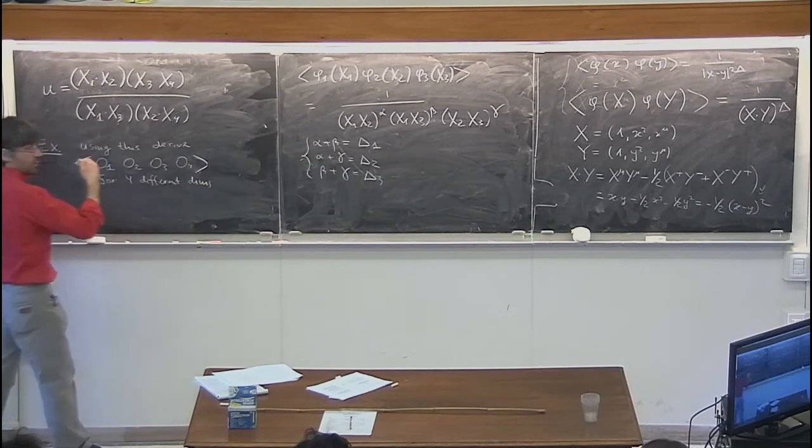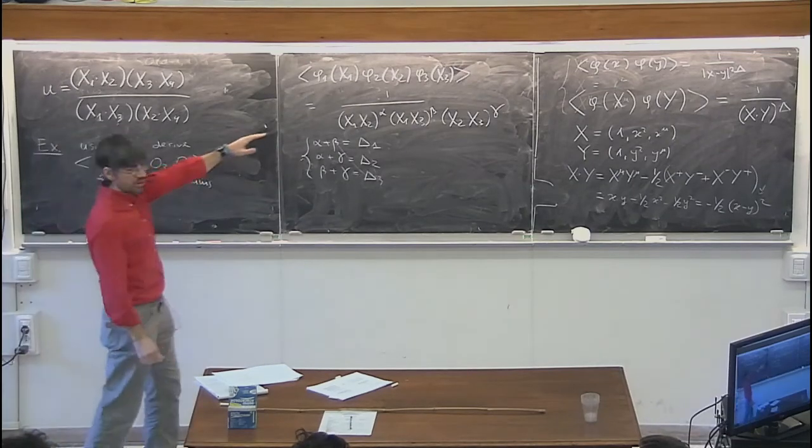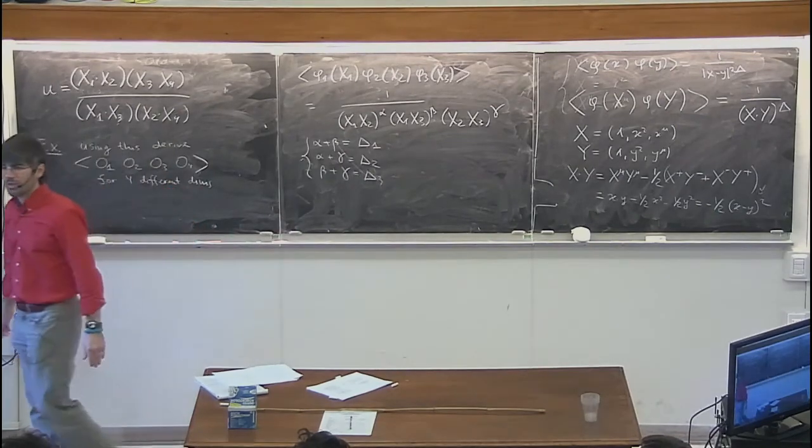I only gave you the formula where all four dimensions were identical, but now that you know this general principle, you should be able to write a formula for four different dimensions.